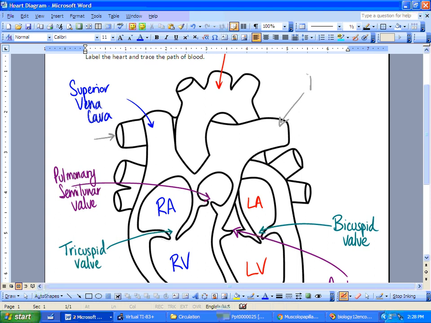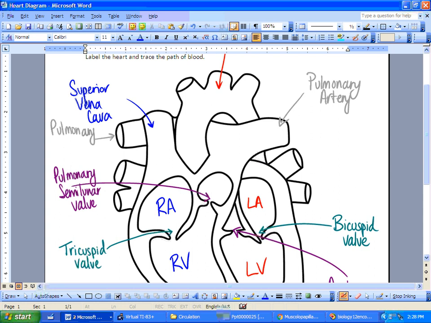So those are called pulmonary arteries. And there's this misconception, we're going to talk about this eventually, that arteries always carry oxygenated blood, but that's actually not the case. Arteries are blood vessels that carry blood away from the heart.